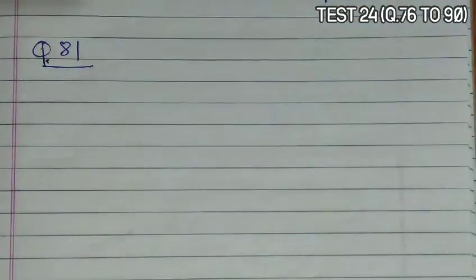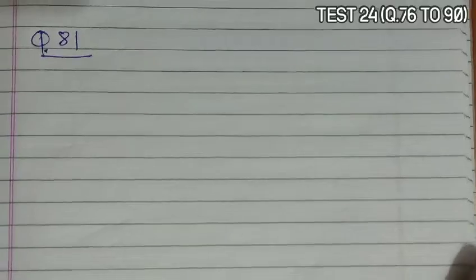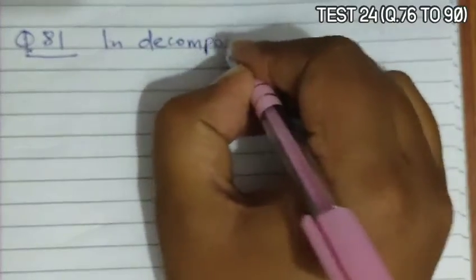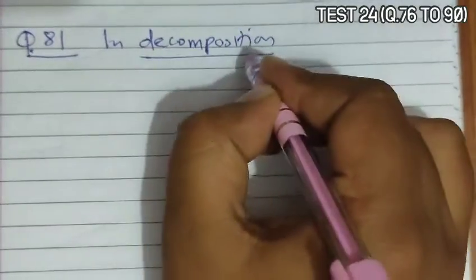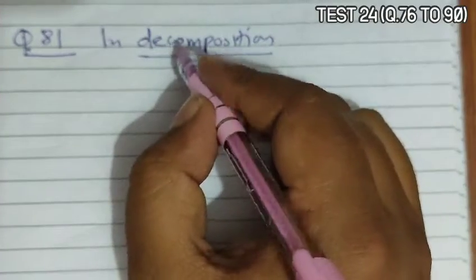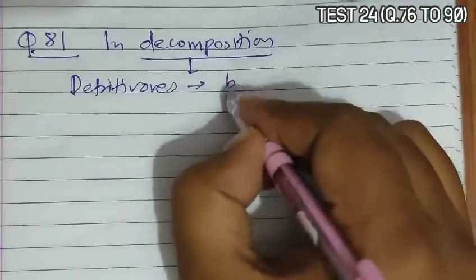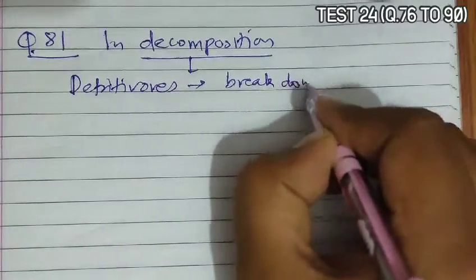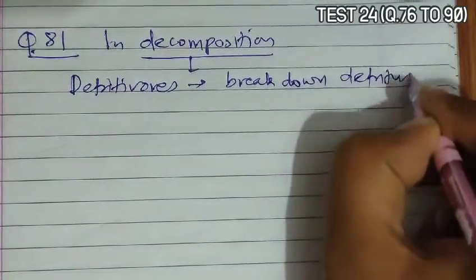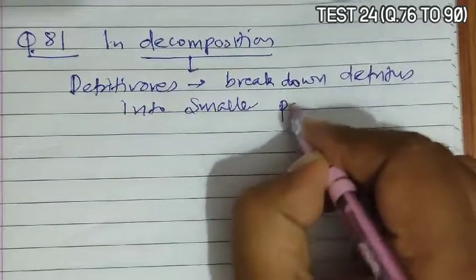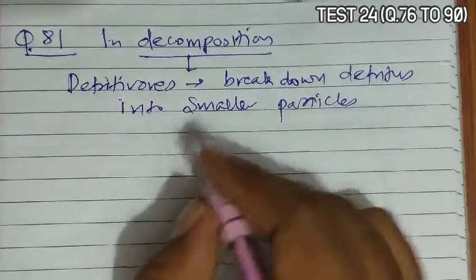Question 81 asks that in decomposition, detritivores break down detritus into smaller particles.